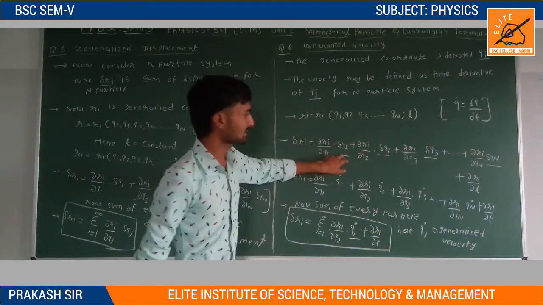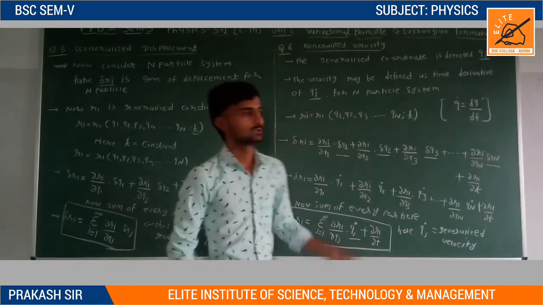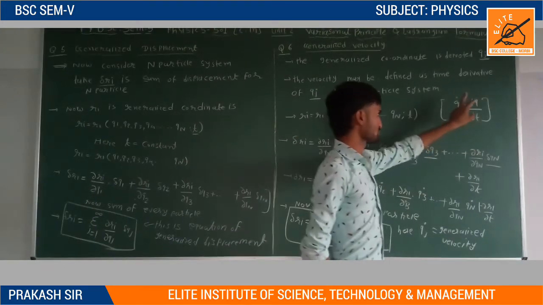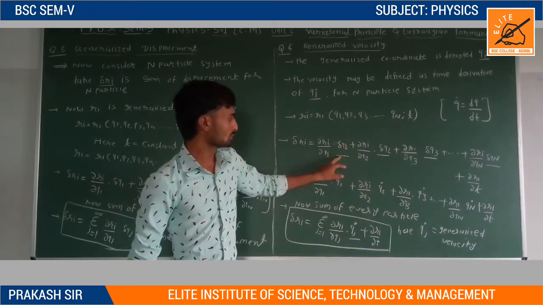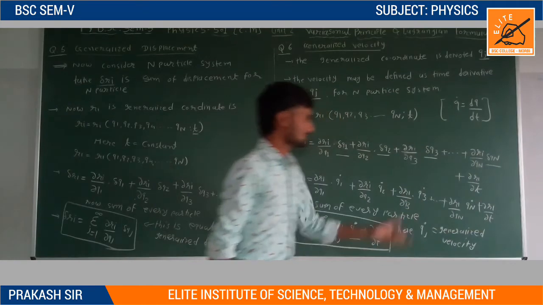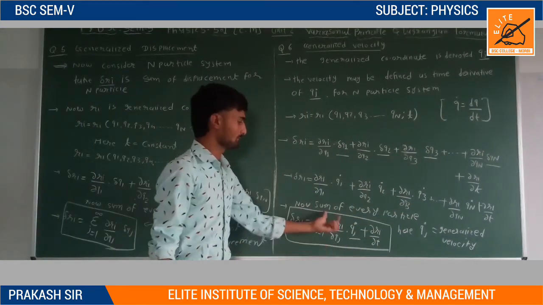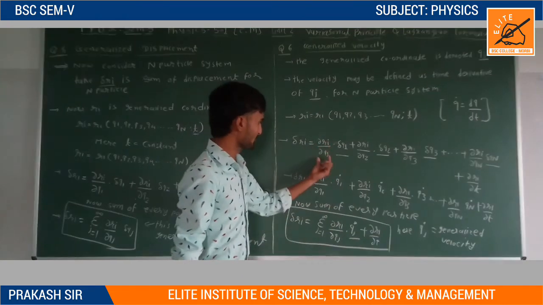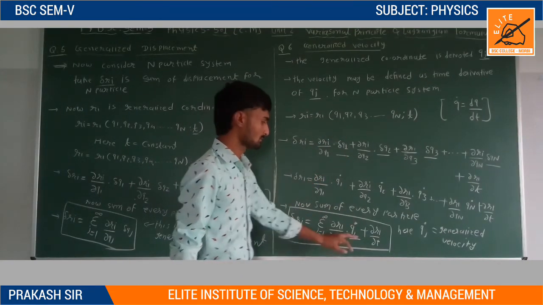Now delta q1, delta q2, delta q3, up to delta qn are derivatives with time, so dq upon dt.